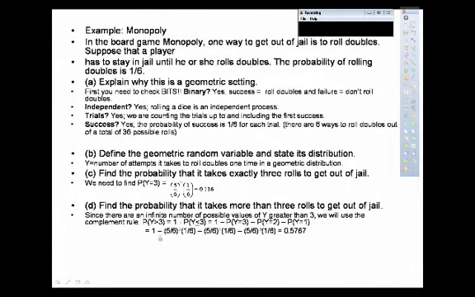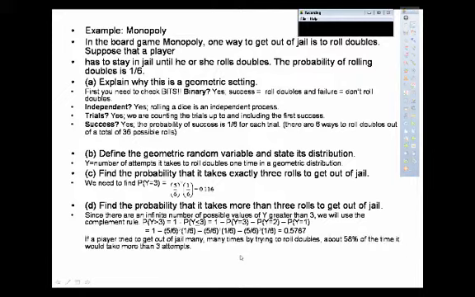Or, of course, once you wrote this all out, you can stick it into your calculator. 1 minus geometric CDF in this case, since it's less than. All right, and so what does that mean? Again, I know some of you don't like telling us what it means, but if a player tried to get out of jail many, many times by trying to roll doubles, about 58% of the time, it would take more than 3 attempts.